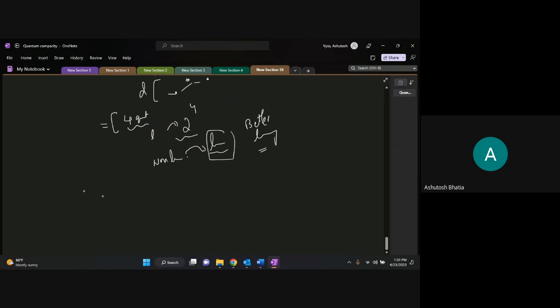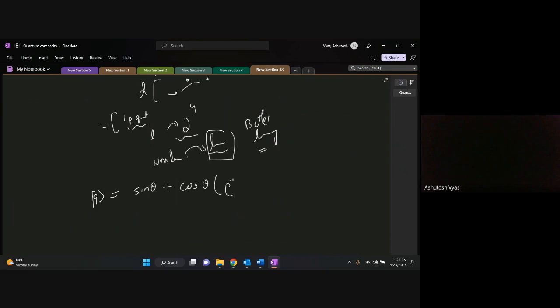Basically, every operation which you perform on a particular qubit, this is how your actual gate looks like. This is the expression of your actual Bloch sphere. So you are storing this.